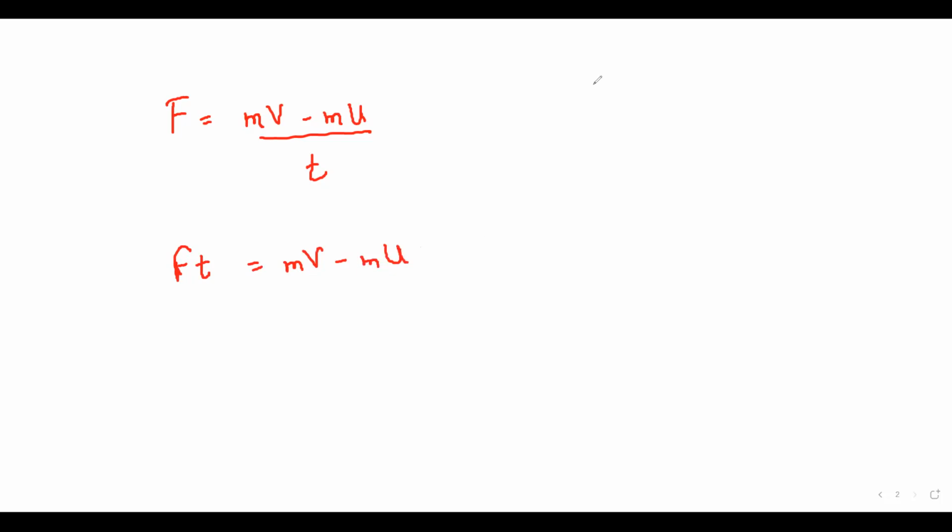And what is mv minus mu? mv minus mu is the change in momentum. So we can say the change in momentum is mv minus mu, or the change in momentum can be force into time.